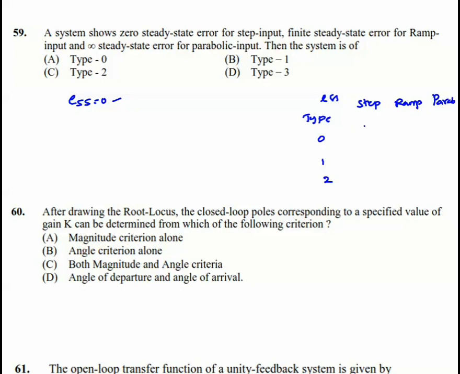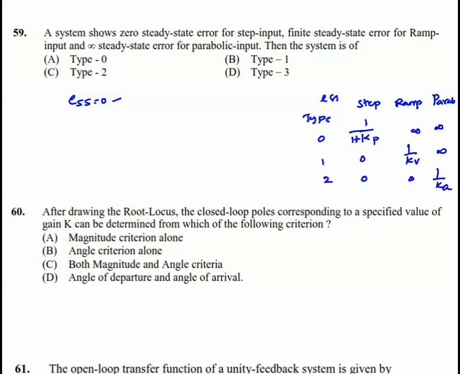First we have 1 by 1 plus Kp, position error, and here we have infinite. Then here we have 0, 1 by Kv, and here we have infinite. And 0, 0, 1 by Ka.